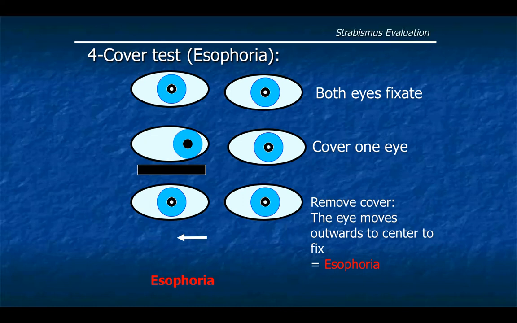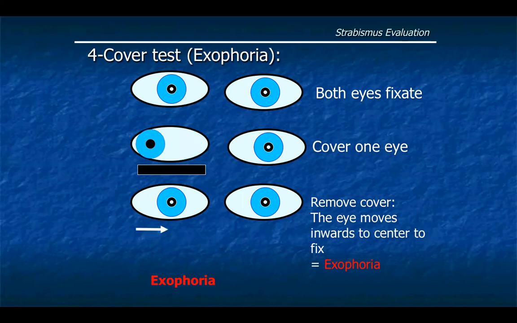So in the upper picture, both eyes are fixating. Cover one eye, and then remove the cover. The eye moves outwards to reach the center to pick up fixation again. So there is esophoria or latent convergent strabismus. If there is exophoria or latent divergent strabismus, the same. In the upper picture, both eyes are fixating.